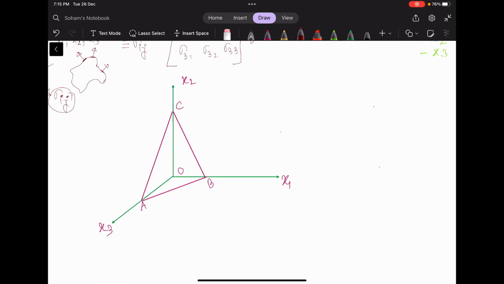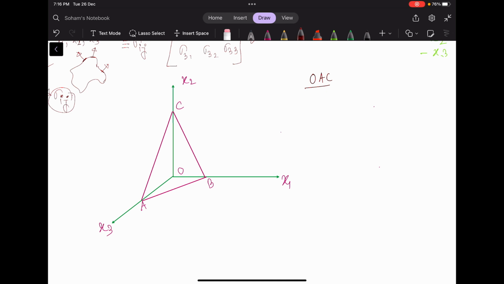Maintaining this convention, now let me draw only the forces on each surface in the x direction, which are parallel to the x1 axis. Let me see the force on OAC. Let me draw a table here.